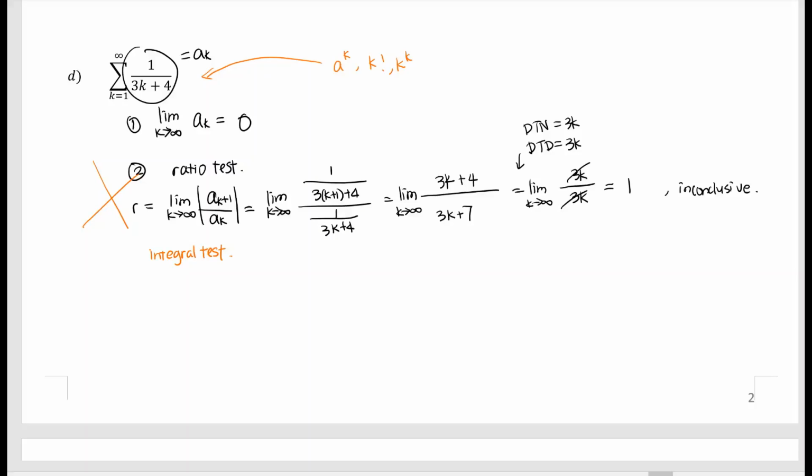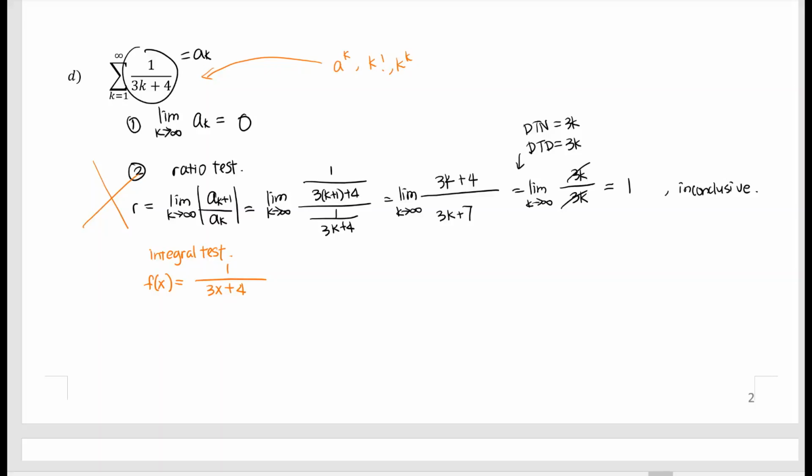Sometimes you use a test and you see the answer is inconclusive. Don't just leave the answer like that and think you're done. No, you're not done. It means you used the wrong test. So try another test until you get the answer, whether the series converges or diverges. For the integral test, you first define the function, replacing k by x.